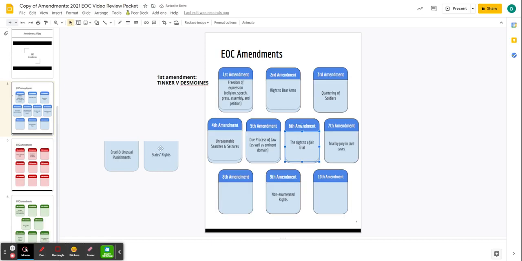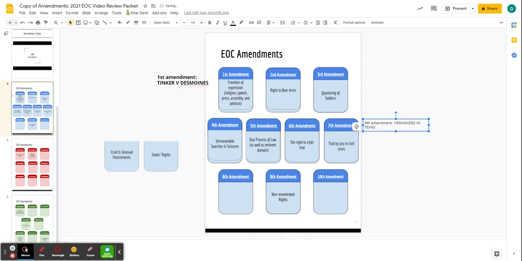And so we do have a court case that we studied this year that involves the Sixth Amendment. So let's add a text box for that. The Sixth Amendment. And the court case you need to know is Hernandez versus Texas.